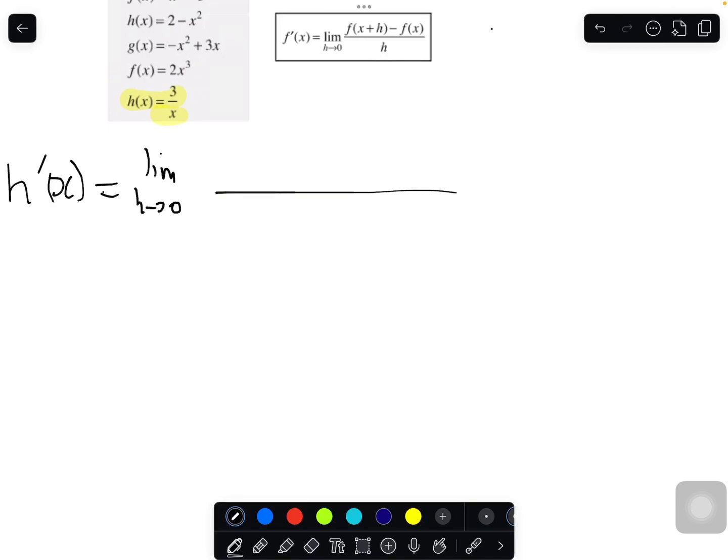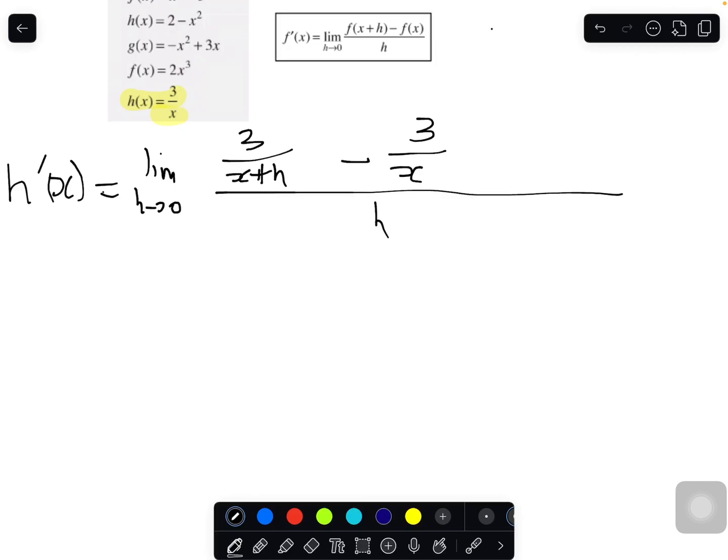We're going to substitute in as we normally substitute. So I'm going to have 3 over x plus h, minus 3 over x, all over h.